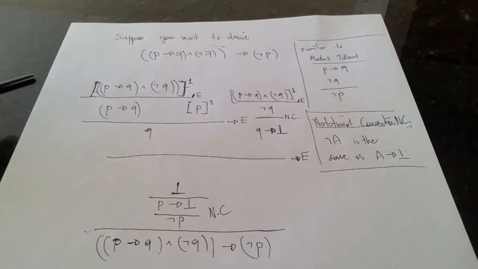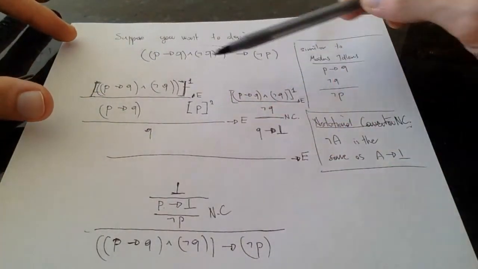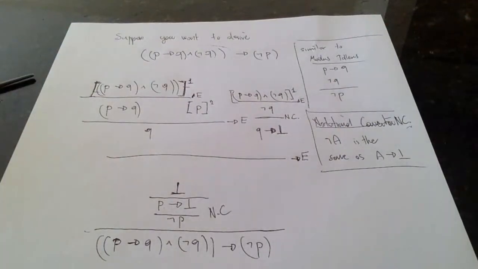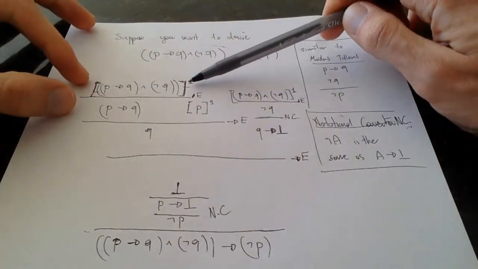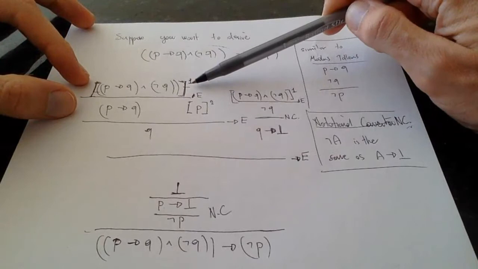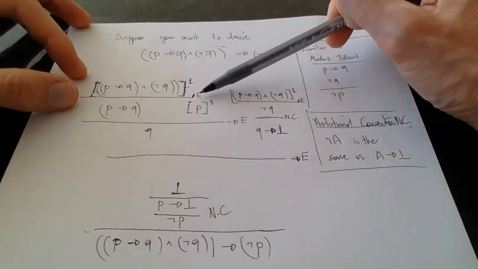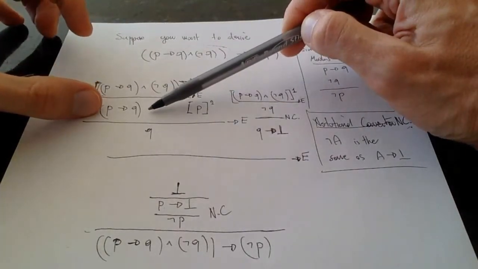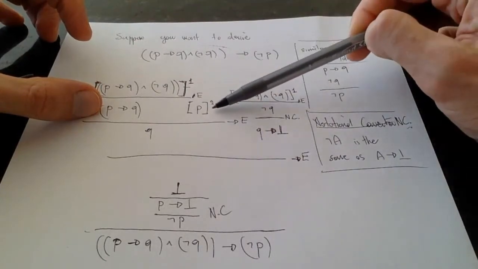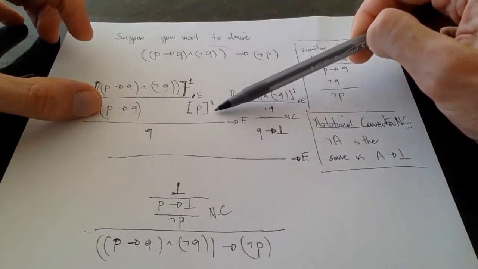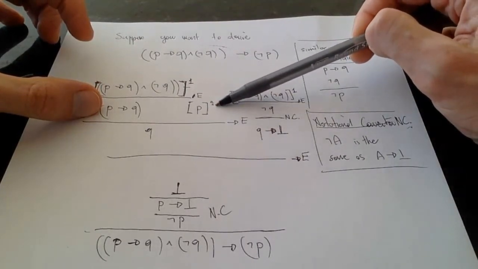So what I can do now is to check that everything is correct, and in particular I should check that my assumptions can be cancelled. So I started with this assumption 1, P implies Q and not Q. By conjunction elimination, I got P implies Q out. Then I added next to it this other assumption, P. This I called assumption number 2.